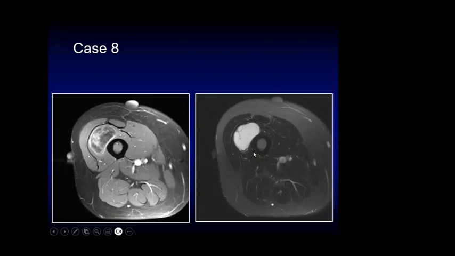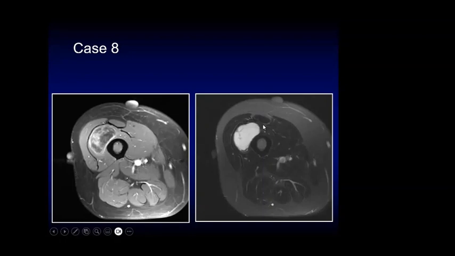Okay, so in terms of the signal characteristics, on T2 fat saturated, you said it's hyperintense. Yes, hyperintense and heterogeneous enhancement post contrast. Okay, where is the enhancement? Mostly at periphery, and part of it at center.